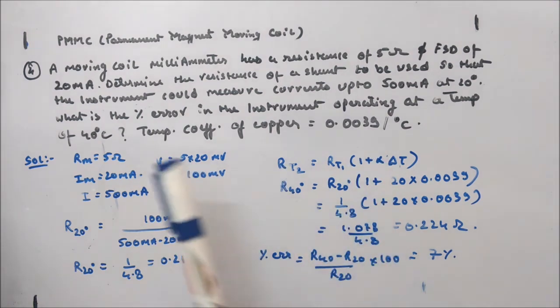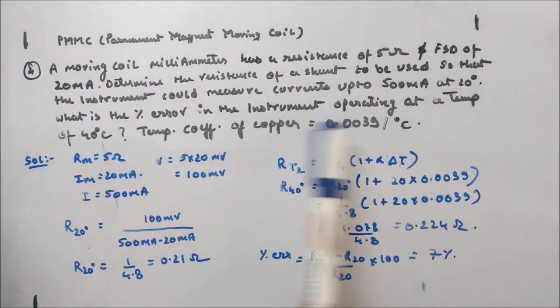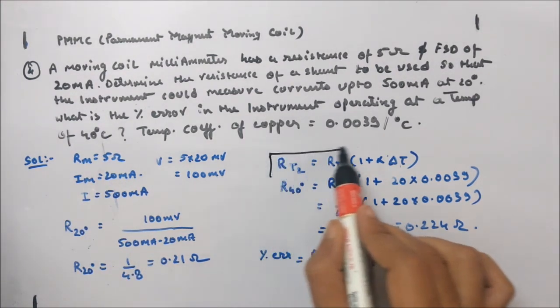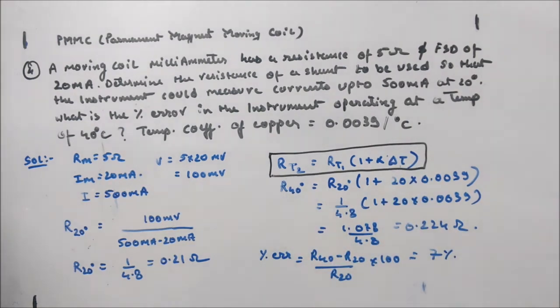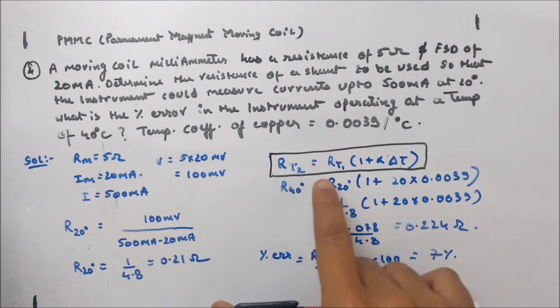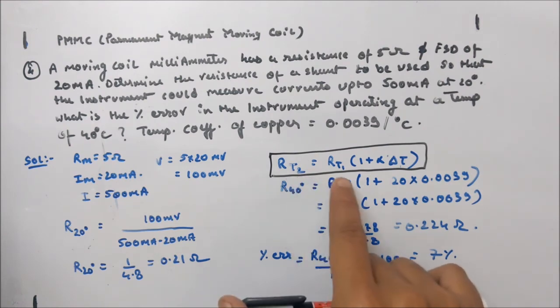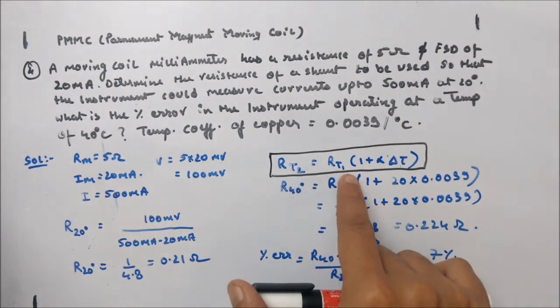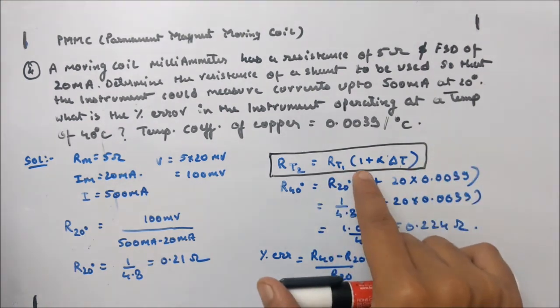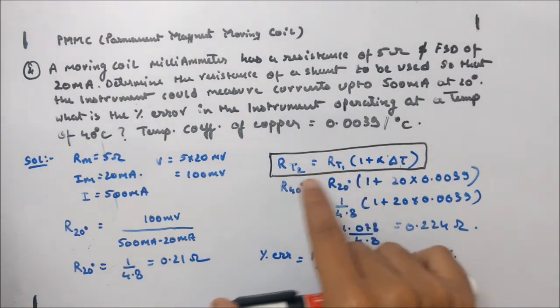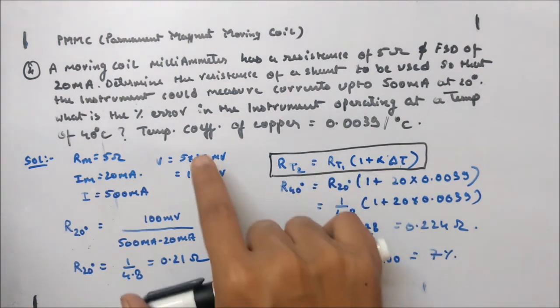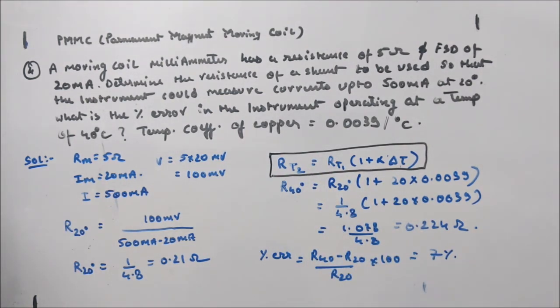Now to calculate the shunt resistance at 40 degree Celsius, you use this formula. Resistance at T2, some other temperature, is equal to resistance at T1 into 1 plus alpha into delta T, the difference between the temperatures, and alpha the temperature coefficient of the material.